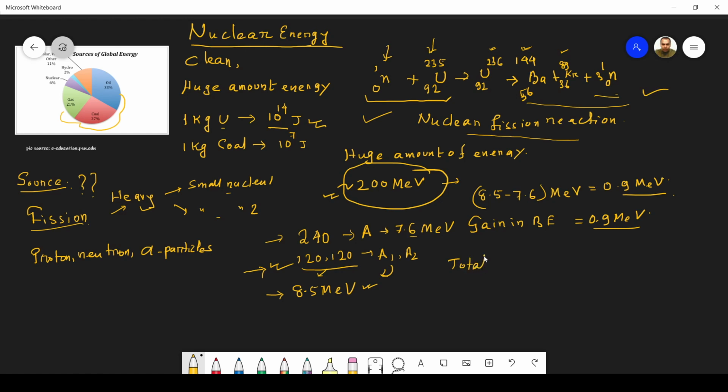How can we calculate that? We can calculate that by multiplying 240, which was the number of nucleons of the parent nucleus, so 240 multiplied by 0.9 mega electron volt.